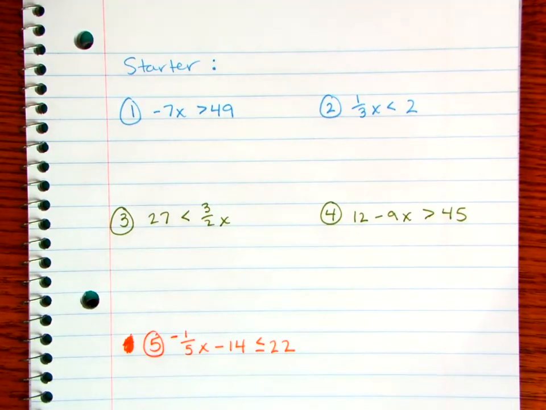If you're still feeling like you're not understanding this or you didn't have a chance to look at the previous video, then go ahead and stick with us and I'll go over how to solve these. So for the first question, which is negative 7x is greater than 49. In this case, if it was negative 7x equals 49, you would just divide by negative 7.